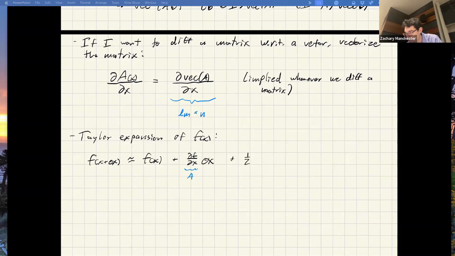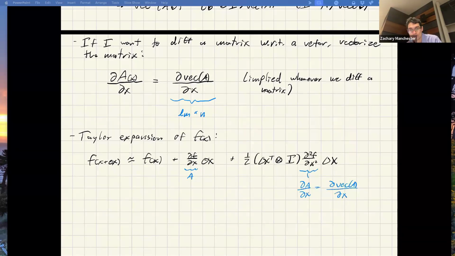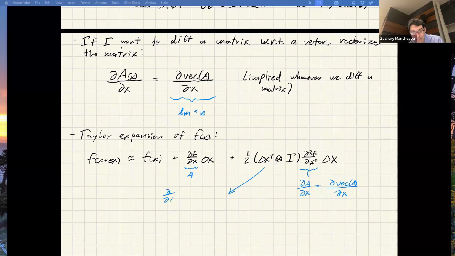This is going to be 1/2 delta x transpose Kronecker I d squared f dx squared delta x. And to be super clear, this thing is dA dx, which for us is d vec of A dx. And to get from here to here, what I literally did is d dx of vec of I times A of x times delta x.